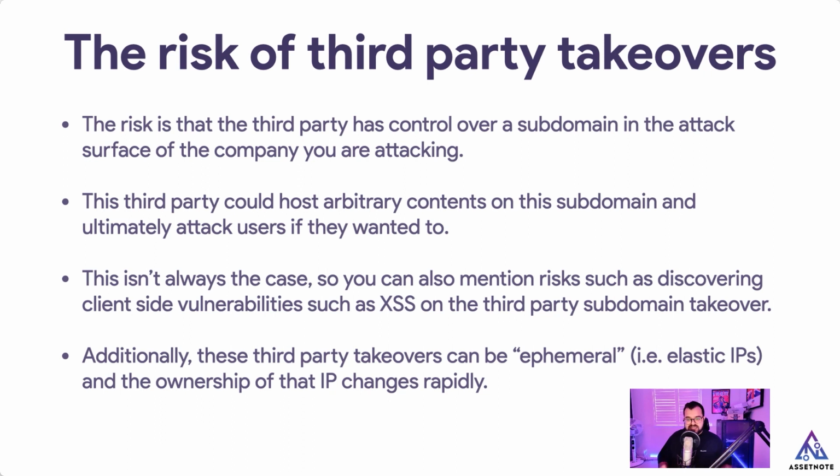With elastic IP subdomain takeovers, you could constantly allocate and deallocate elastic IPs on Amazon AWS and potentially be able to do the takeover yourself. So these are the different points that you can get across in your report to demonstrate the impact of third-party takeovers. But generally, this is also the risk of third-party takeovers in general.